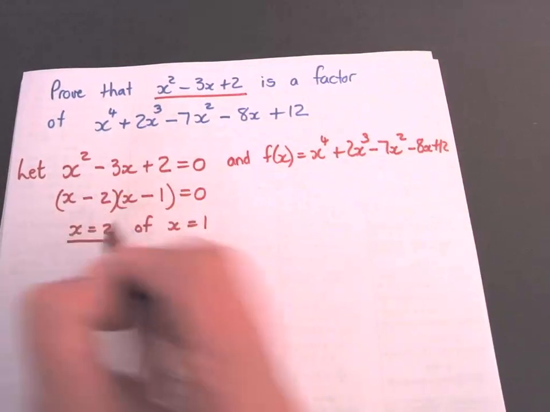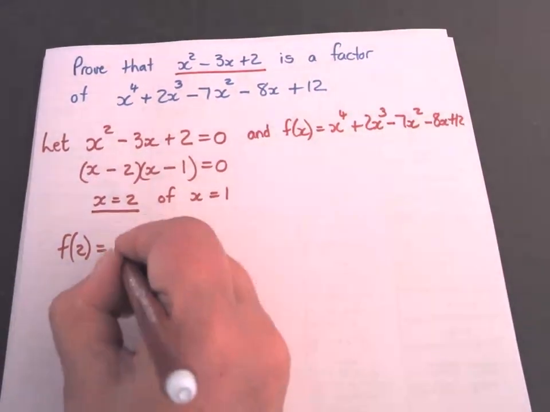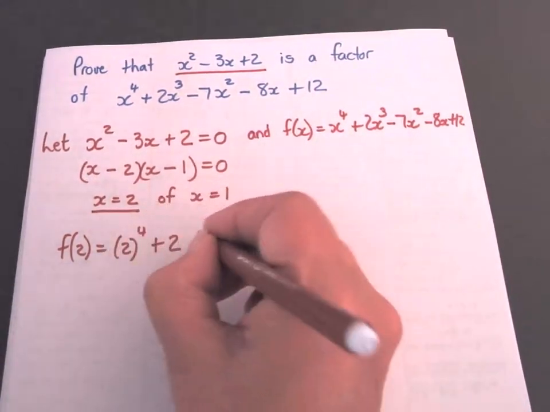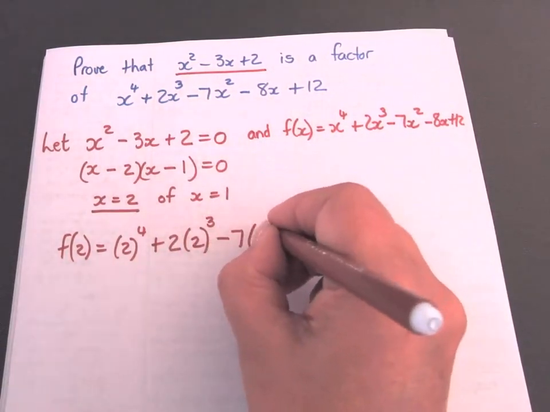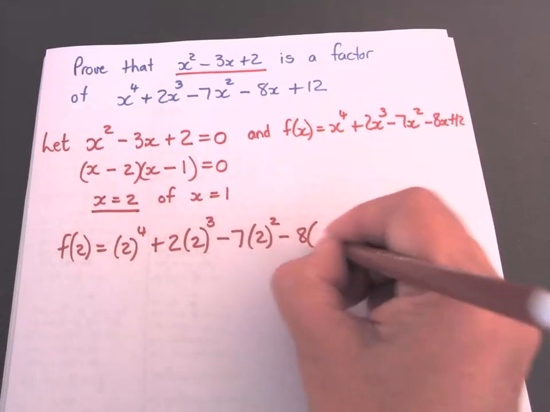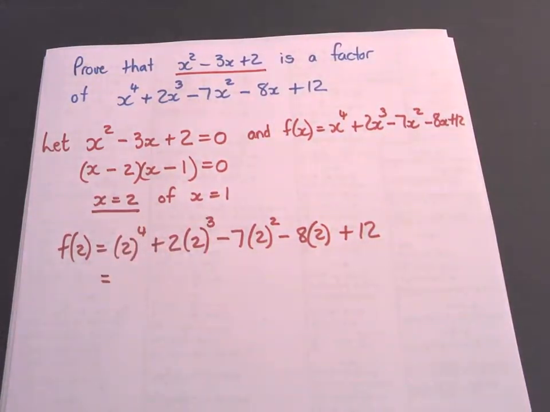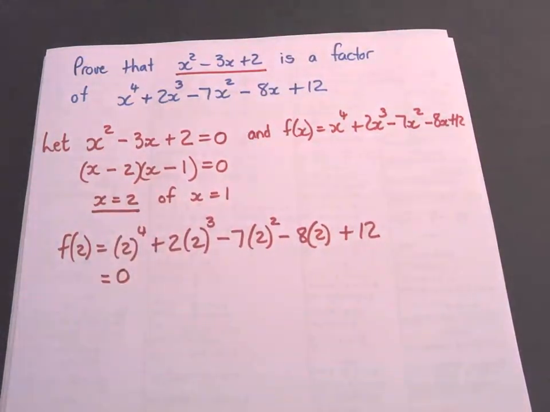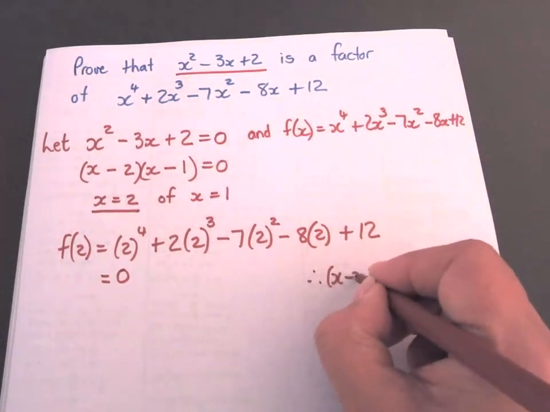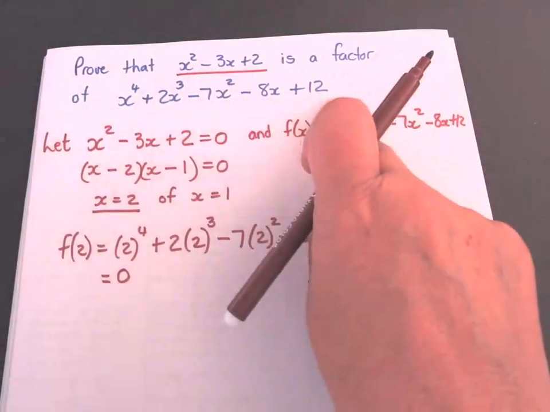So I'm first substituting the 2. So f of 2 will be 2 to the power of 4 plus 2 times 2 to the power of 3 minus 7 times 2 to the power of 2 minus 8 times 2 plus 12. And when you work that out, you will definitely get a 0. Therefore, x minus 2 is a factor of the big expression.